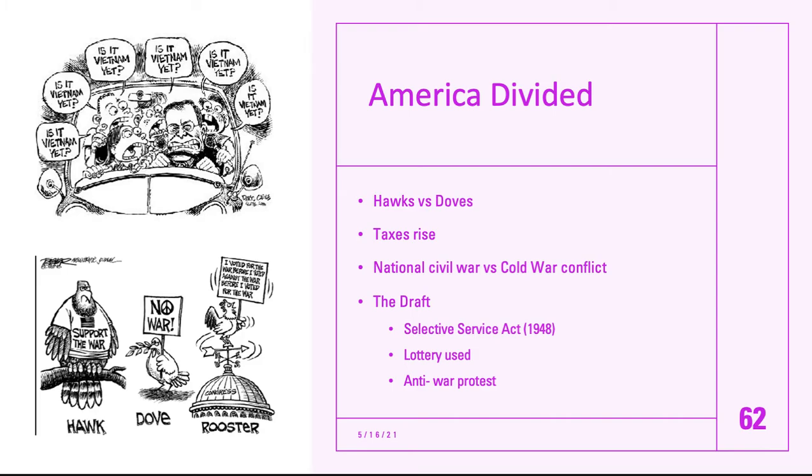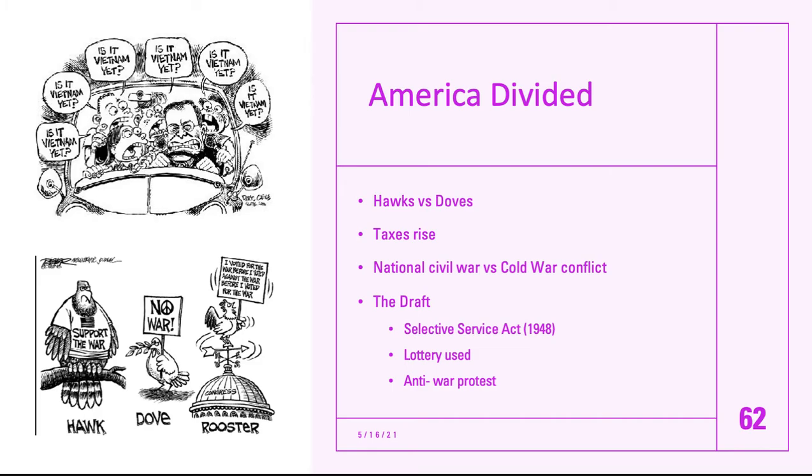So just an example of how we're doing this draft. So when this lottery drawing was held, the people that they're calling from were born between January 1st, 1944 and December 31st, 1950, which would make them over 18 years old.